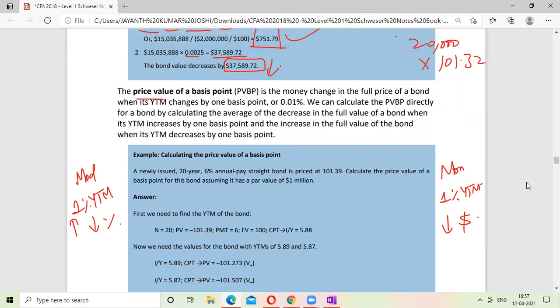Here, price value of a basis point is the money change in the full price of the bond. That is the monetary change, or the change in dollars, in the full price of the bond when the YTM or yield to maturity changes by 1 basis point. So that is 0.01%.